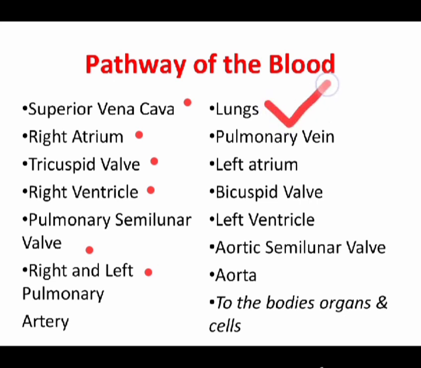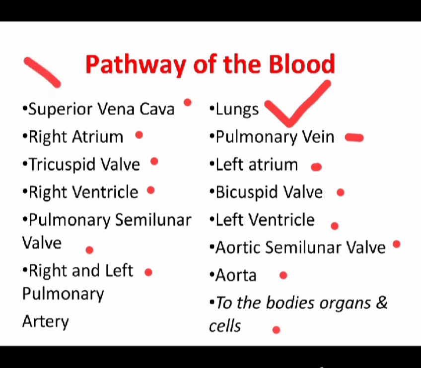Then it goes to the lungs to receive oxygen. Then from the lungs, it passes through the pulmonary vein back into the heart through the left atrium. Then through the bicuspid valve, it passes into the left ventricle. Then it goes through the aortic semilunar valve into the aorta, into the other parts of the body.